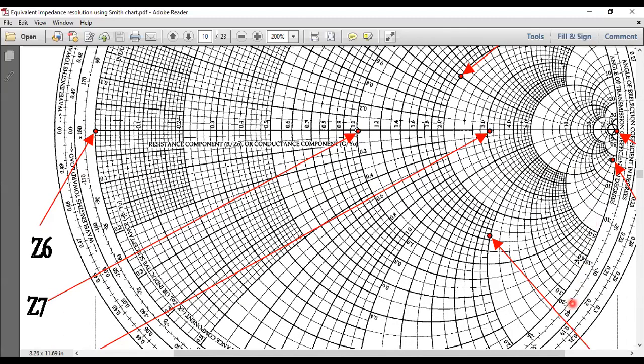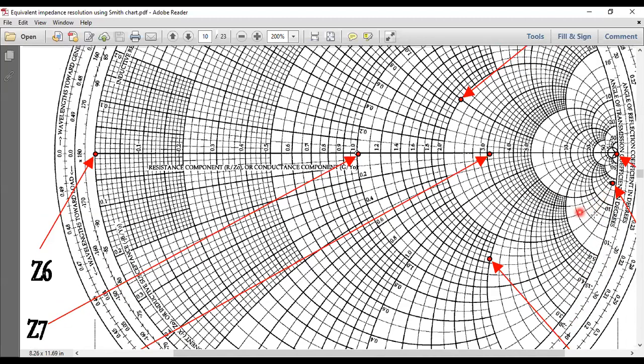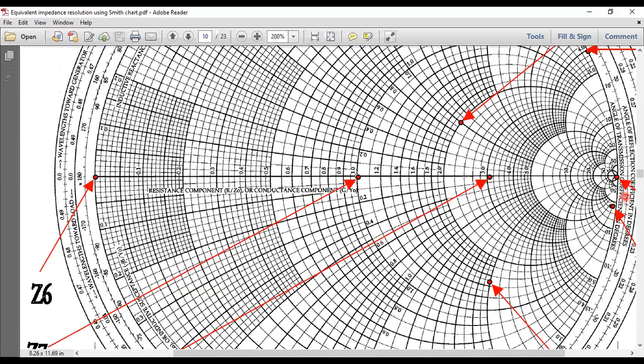Here minus 2, minus 3, minus 4, minus 5, minus 10, and then here somewhere is minus 50. Somewhere in between, this is minus 10 and this is minus 20. Here again every division is of 2. So here it will be the 18. So from here this circle will come and it will end here.